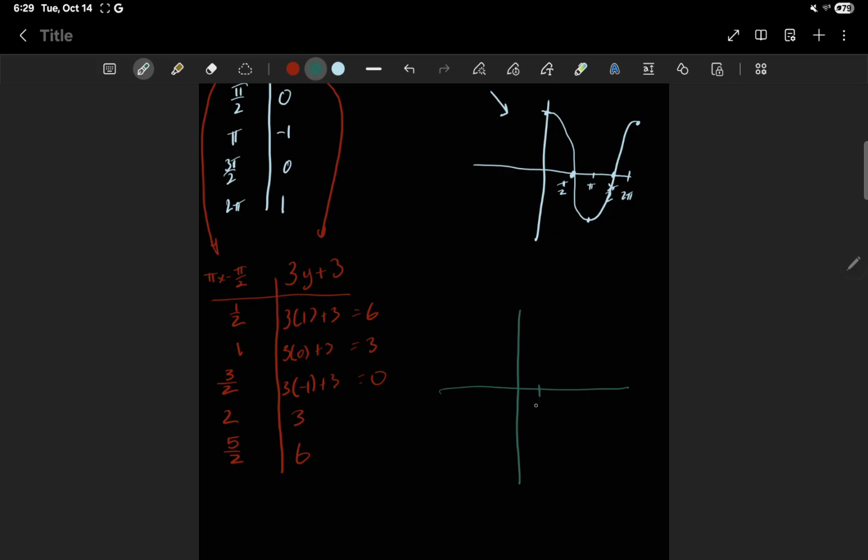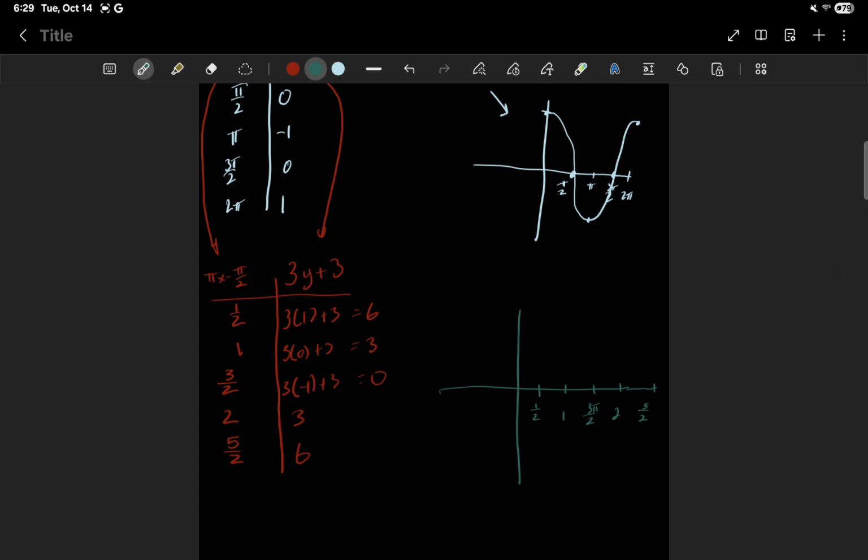So we're going to start here. We'll call that 1/2. We'll call this 1, 3/2, 2, and 5/2, or 2.5. You can use the decimal representation if you want.